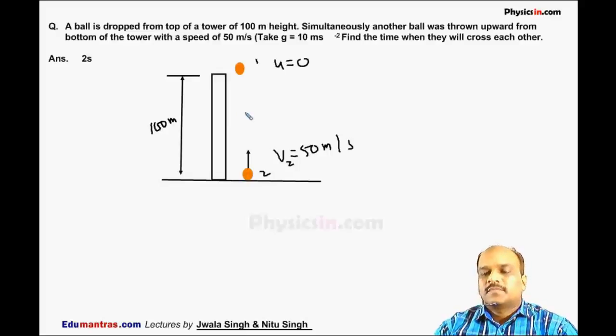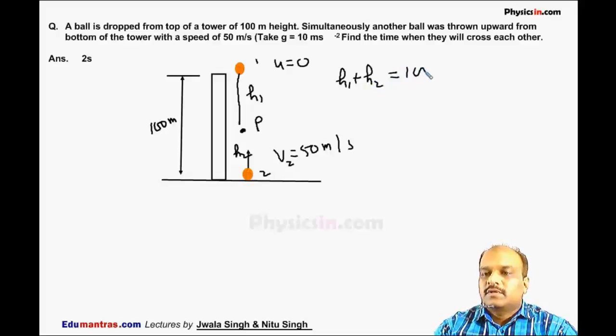So we can say, suppose the two balls meet at this point P. So at P, this ball falls a distance, let it be h1, and this ball moves a distance h2. Now h1 plus h2 is equal to 100.